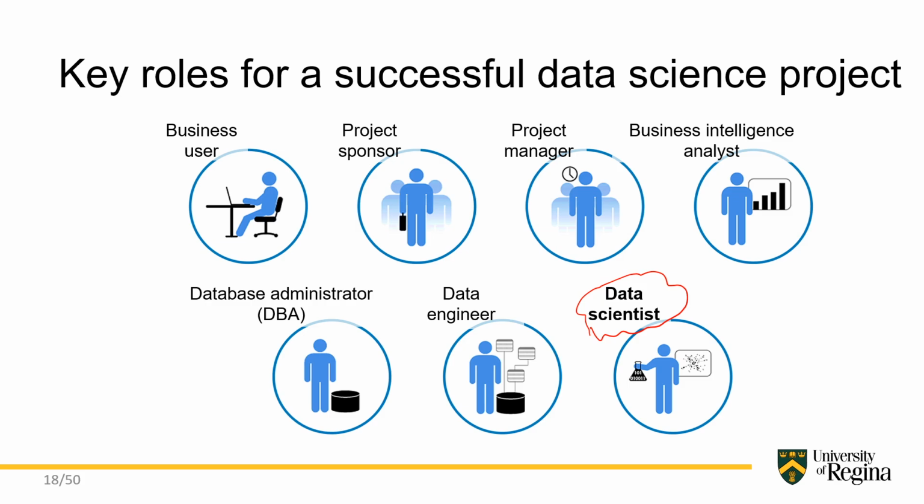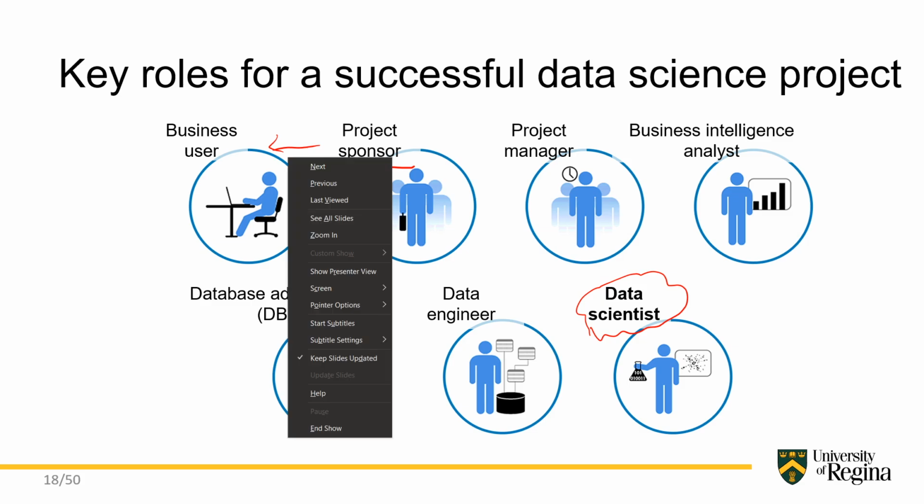So usually we start with someone who is a project sponsor. The project sponsor is the person who is trying to solve that problem and who pushes other people to solve that problem. Probably that project sponsor is going to solve a problem for a business user, and that business user is someone who is currently using, I don't know, manual tools, Excel spreadsheets, or maybe they're not even able to predict the future.